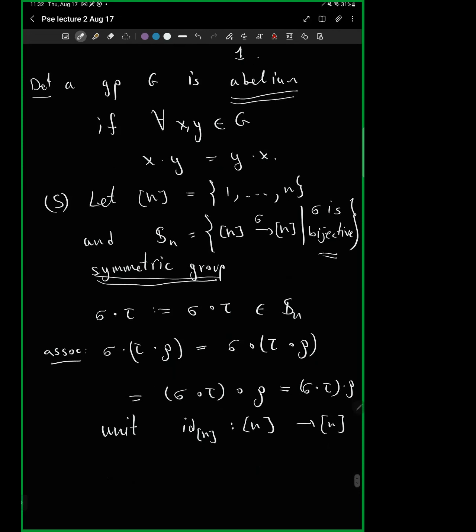And existence of inverse follows from the proposition we said, that to say that a map is bijective is actually equivalent to saying that it has an inverse.